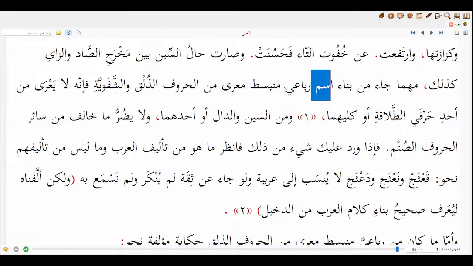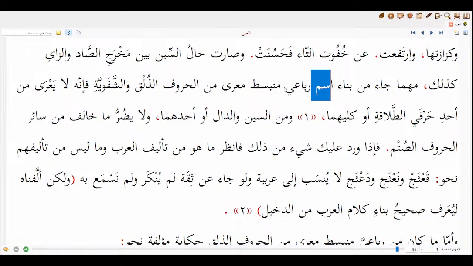Mu'arram, so any of these nouns which are 4-root letters and do not have the حروف الذلق, the 6 letters, or الشفوية, فإنه لا يعرى من أحد حرفي الطلاقة, then it will never be free from any of the 2 free letters, or both of them.